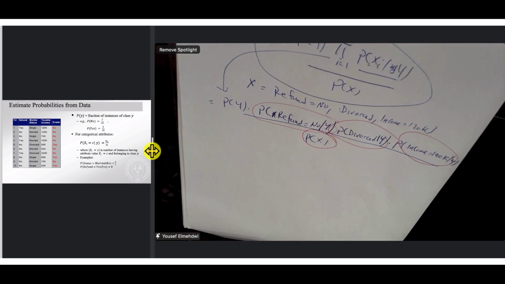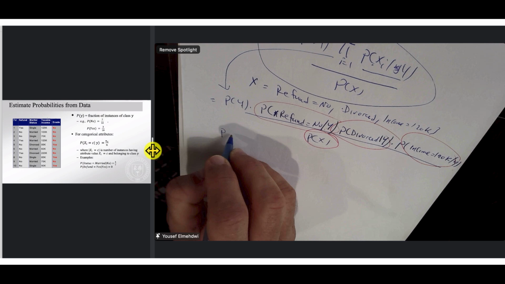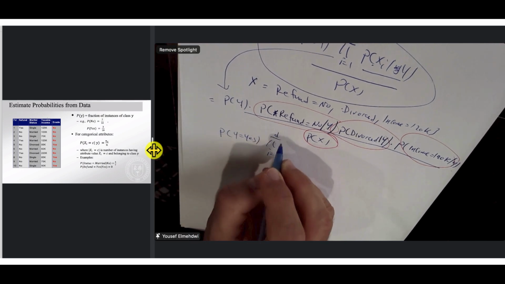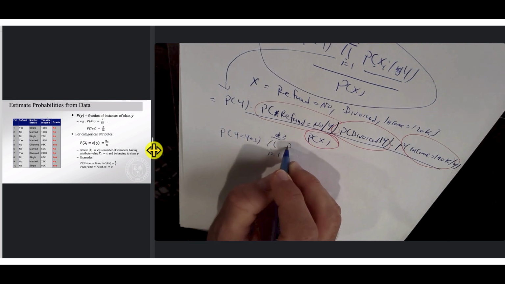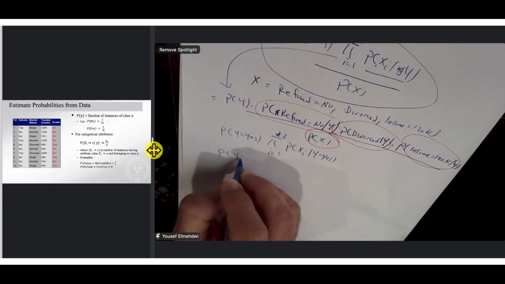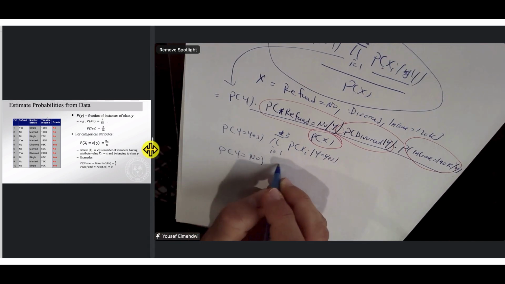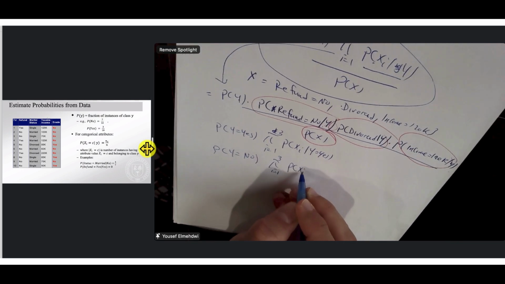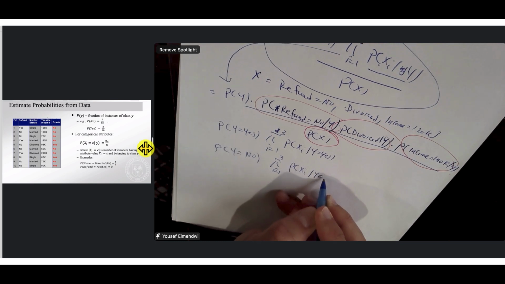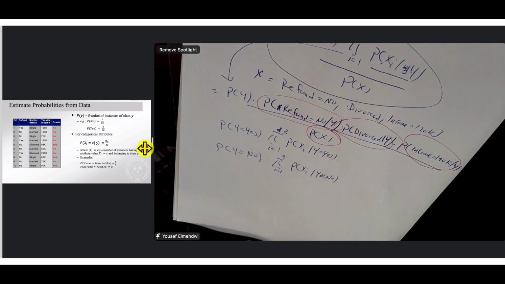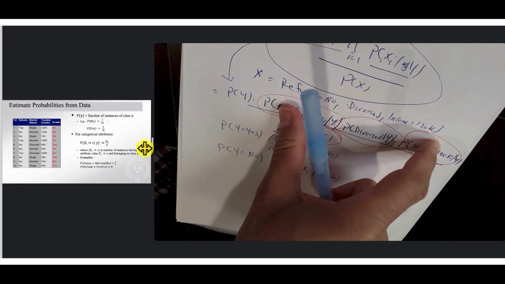We compare the probability of y equal yes times the product, i equal 1 to 3 since we have 3 features, of the probability of xi given y equal yes, with the probability of y equal no times the same product given y equal no. I don't need to compute the denominator, because the constant cancels out. We use it to perform normalization, to keep the probability within 0 and 1.